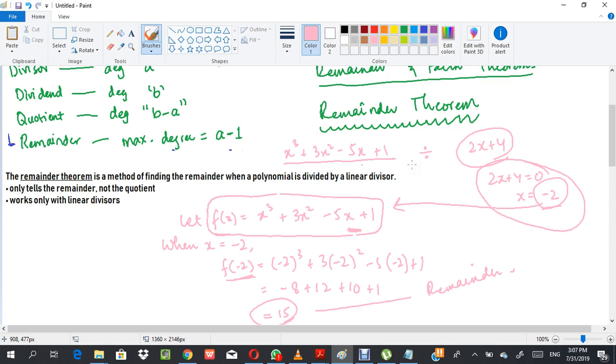Very simple stuff. Factor theorem is even simpler. Remember, I have been telling all this time that the remainder may or may not exist. If the remainder does not exist, it means that the divisor completely divides the dividend, leaving absolutely nothing behind.